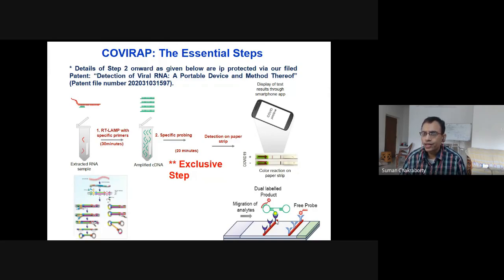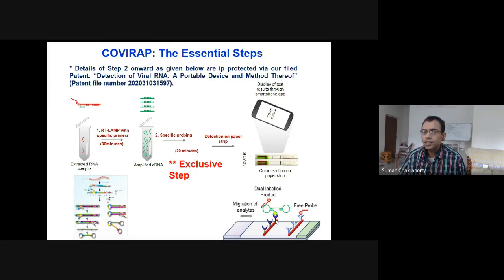This procedure and the portable device where we can generically perform arbitrary piecewise isothermal nucleic acid based tests was summarily reported in this patent disclosure which I am mentioning here.